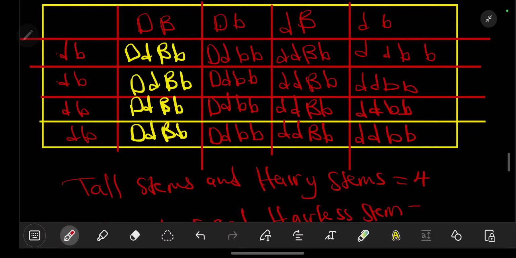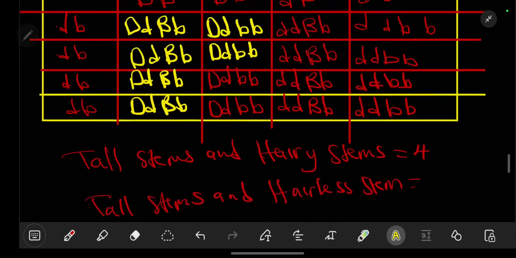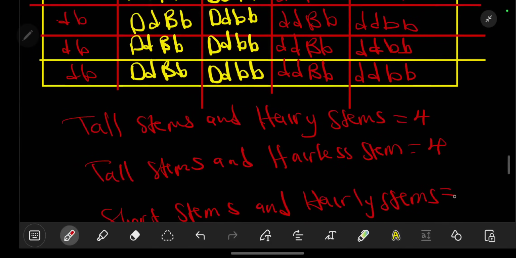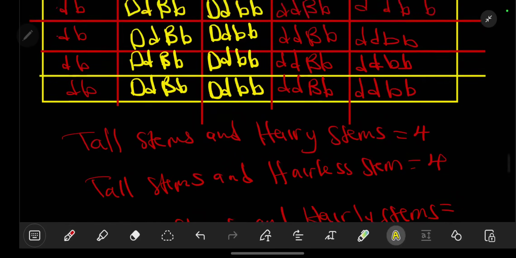Then here we are going to have our D, which is here. For hairless, we should have two small letter b's and at least one D for tall still. So we are going to have this type of situation. We are going to have 4 there. Then here we are going to have short stems but hairy stems. Short has to have two small letter d's.